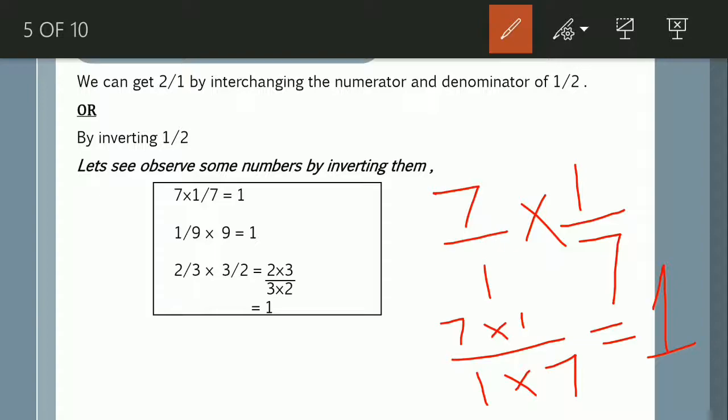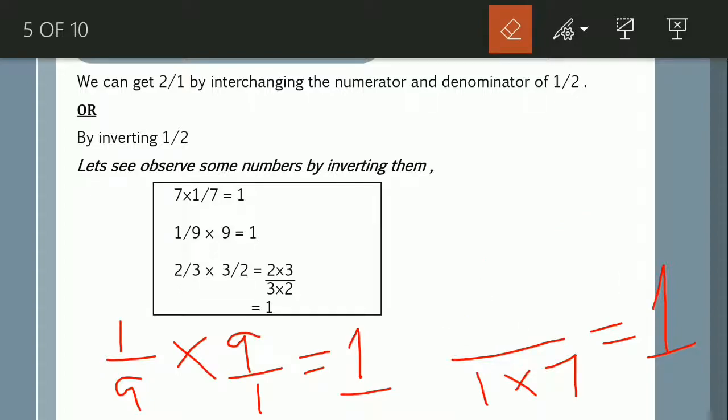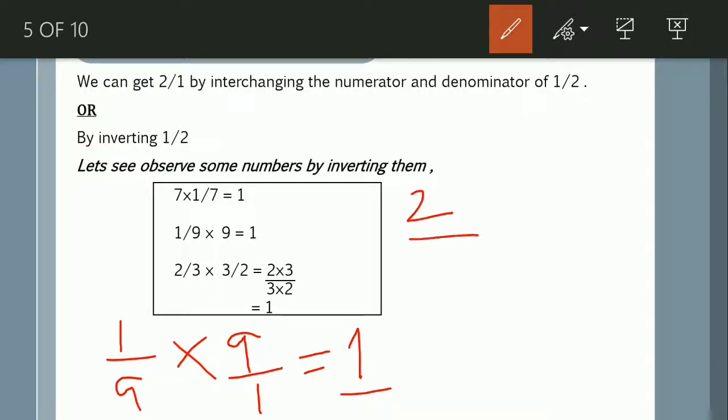Next, see. 1 by 9 into 9. Okay. See, 1 by 9, and by inverting it, we get 9, that means 9 by 1. And multiply it, what we get? We get 1. Okay. Good. Next, there is another example, 2 by 3 into 3 by 2.